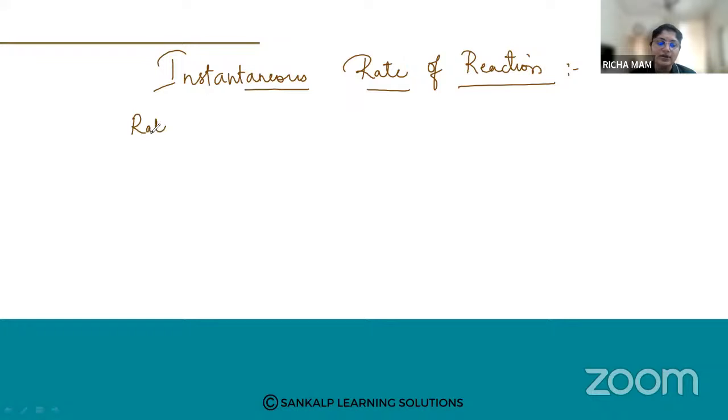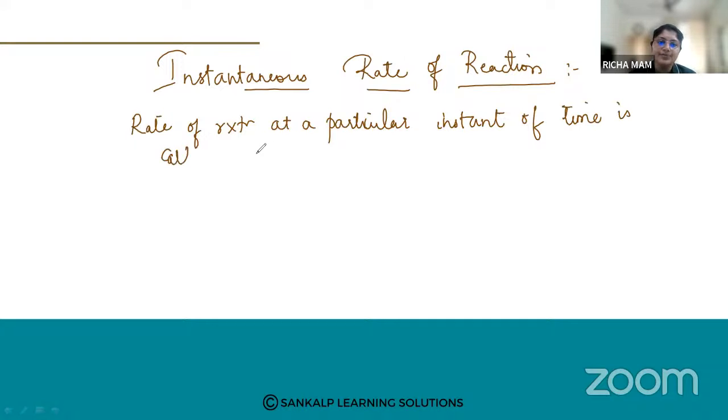Please note it down: the rate of reaction at a particular instant of time is called the instantaneous rate. Got it? So what is instantaneous rate of reaction? The rate of reaction at a particular instant is called the instantaneous rate of reaction.